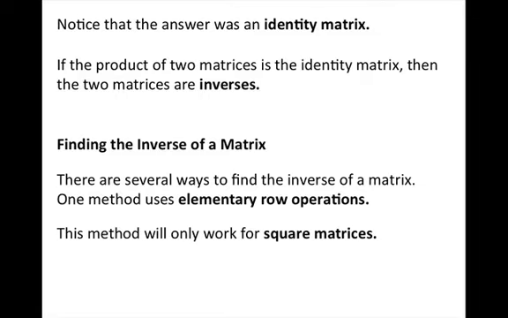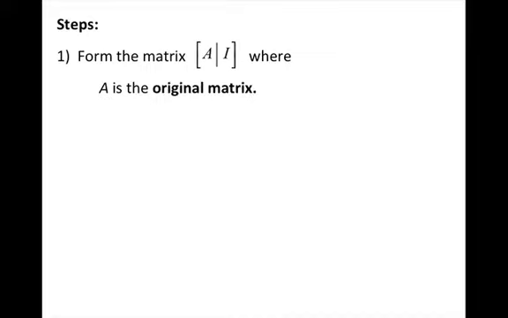Well, the steps. First, you're going to form an augmented matrix [A | I], where A is the original matrix and I is the identity matrix.